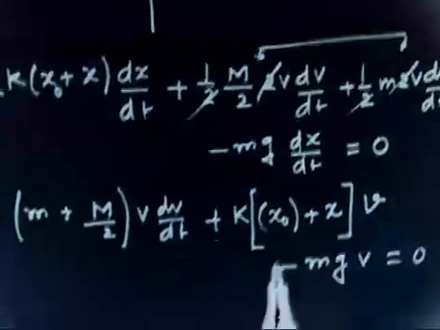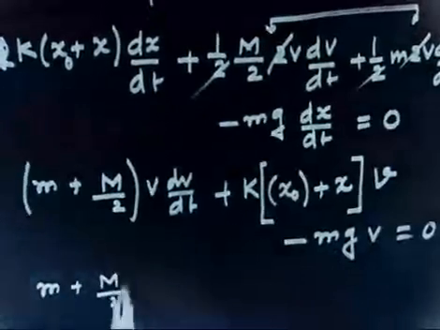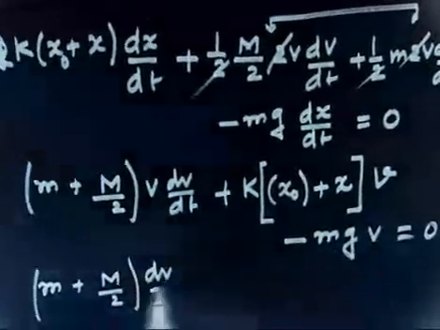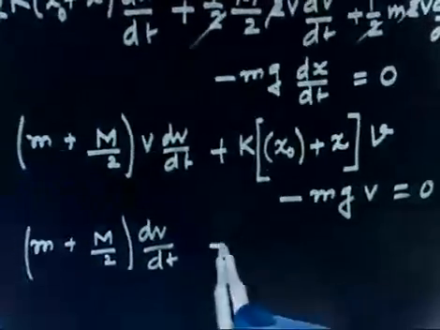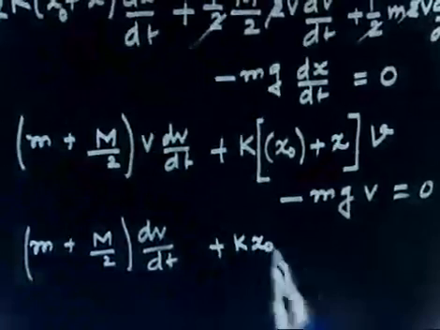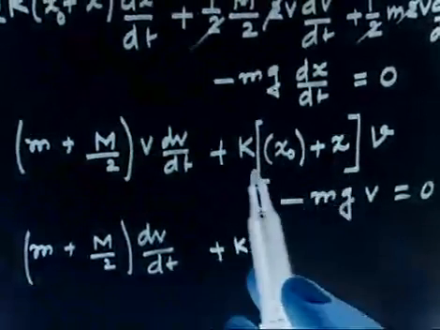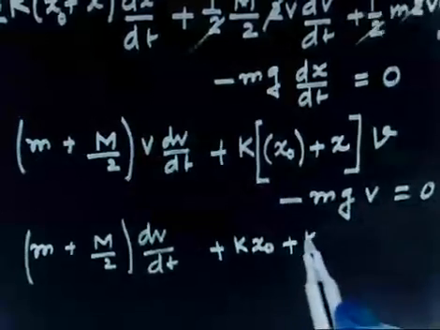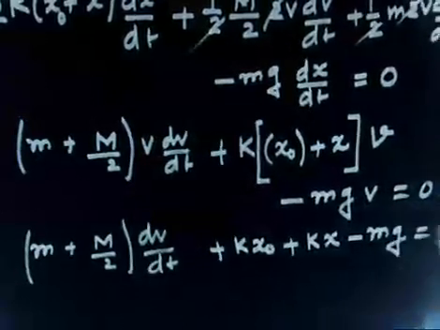Let us cancel v throughout. So I will have (m plus M by 2) dv by dt, plus k x naught plus k x, minus m g, equals 0.